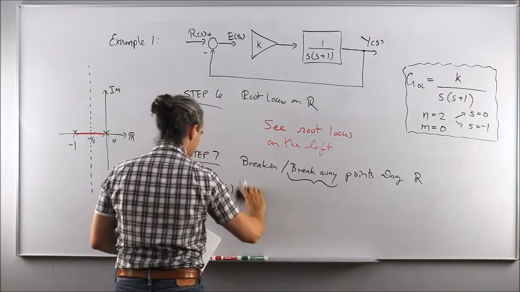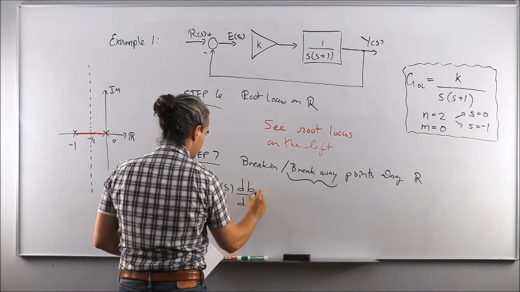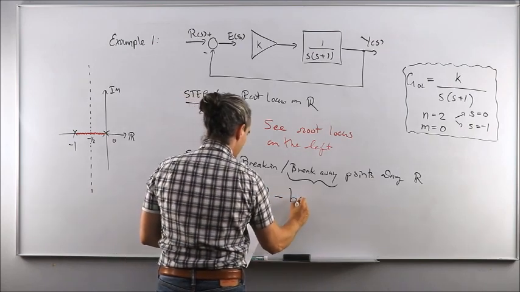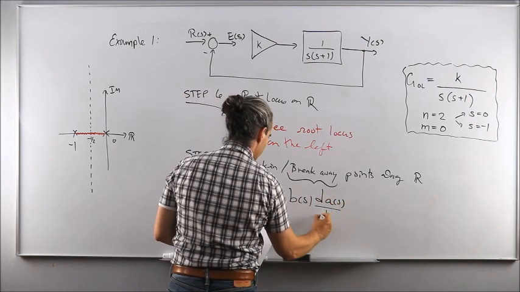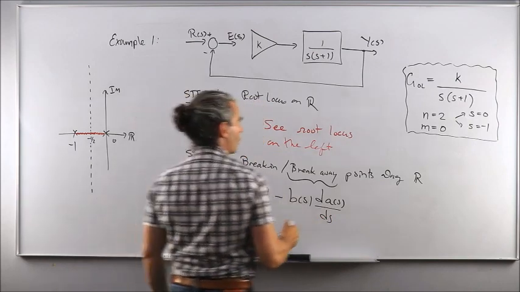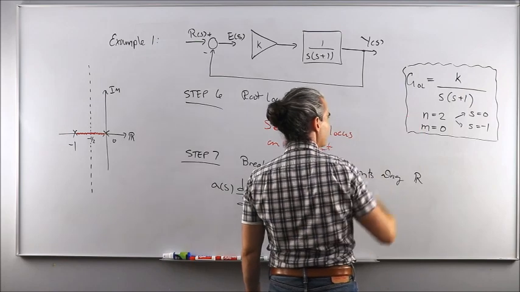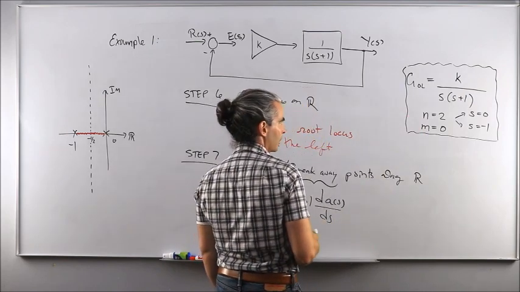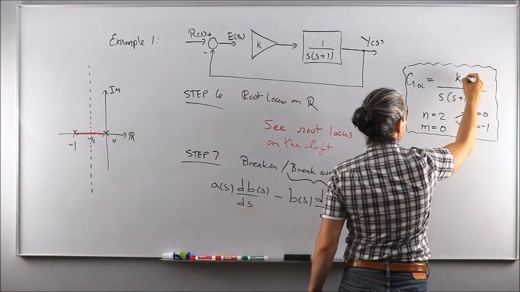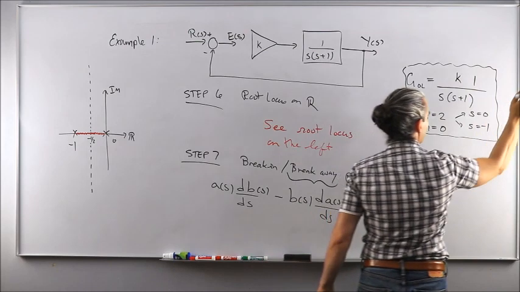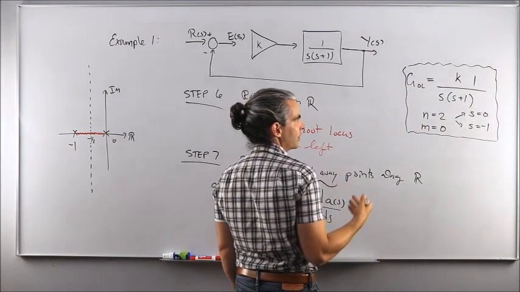That will be A(s) times the partial derivative of B with respect to the s variable, minus B times the derivative of A with respect to s. What is my A? A was the numerator related to the zeros, without this gain value K, which is the static gain, which doesn't have a predefined value yet.